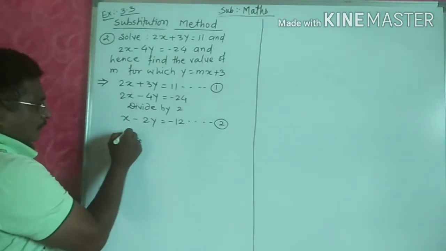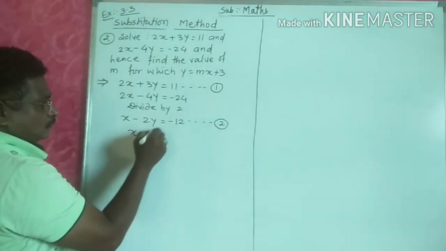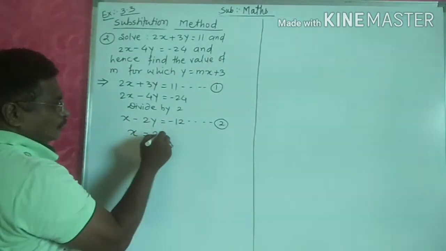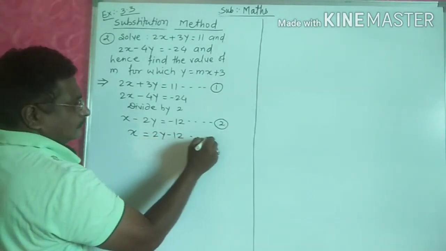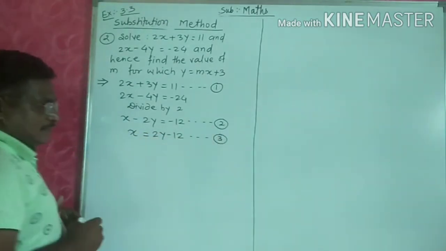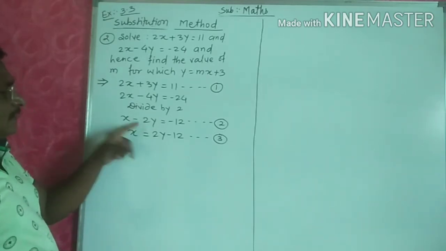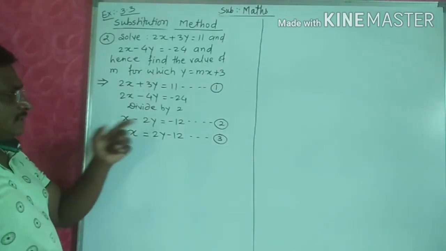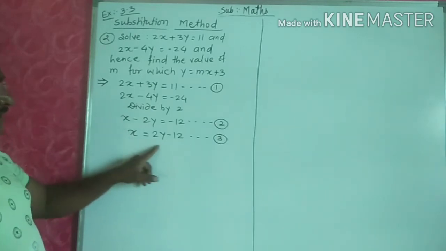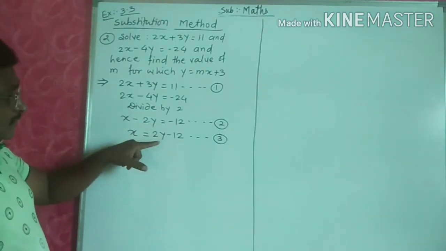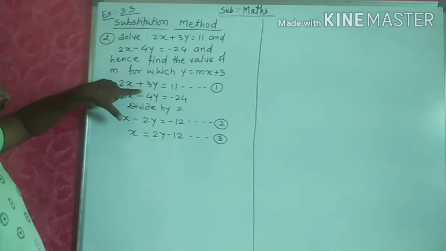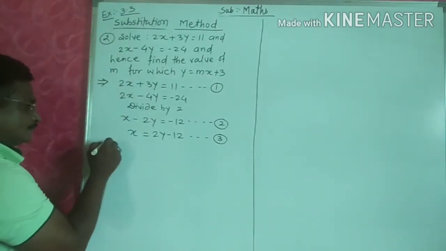So here x equals 2y minus 12, equation number 3. So we got the value of x, meaning we transformed equation 2 in the form of x in terms of y. Now this value has to be substituted in equation 1.